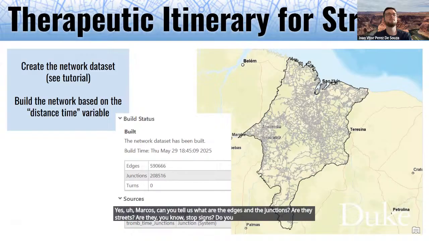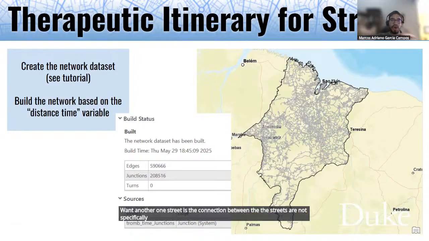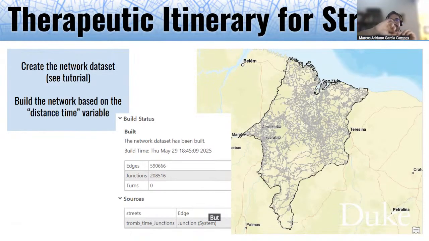Edges represent the lines, which here will be the streets and roads, and the junctions are not stops, but represent where one street finishes and another one begins. It's the connection between the streets, where I have a line and another line begins.